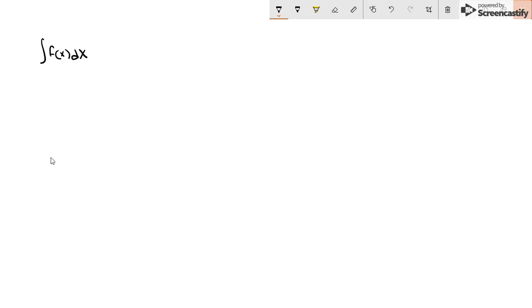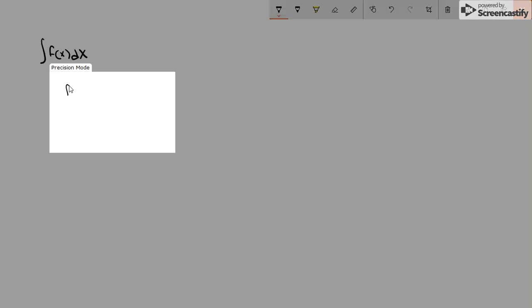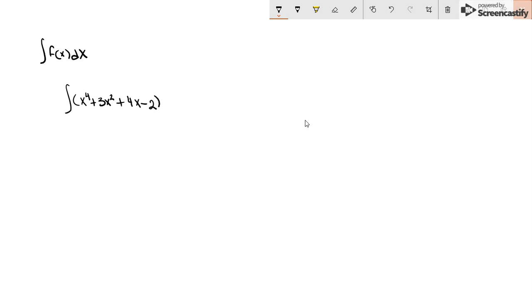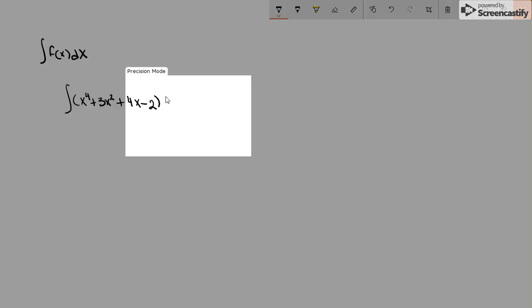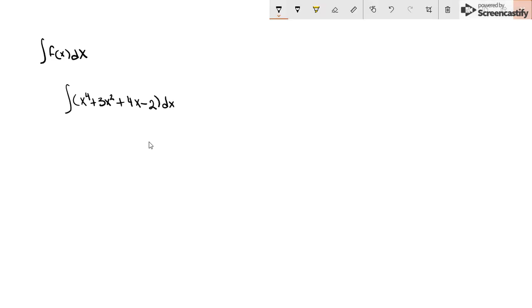So let's do an example. Let's say you have the integral of, let's say, x to the fourth power plus 3x squared plus 4x minus 2 dx, right?